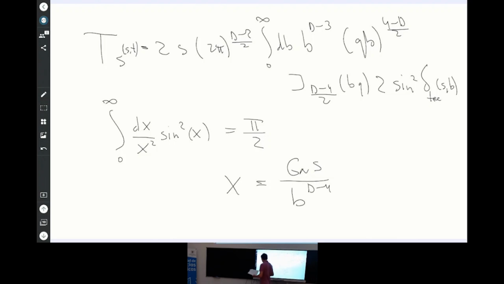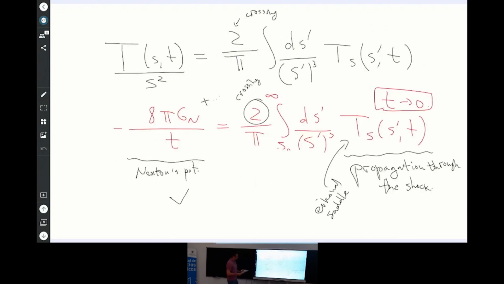So this was a nice, simple bootstrap check of this general picture, which suggests that, at least in this eikonal regime, it's all consistent.